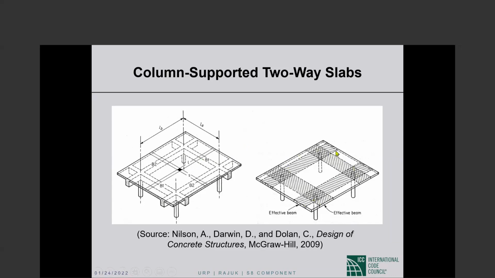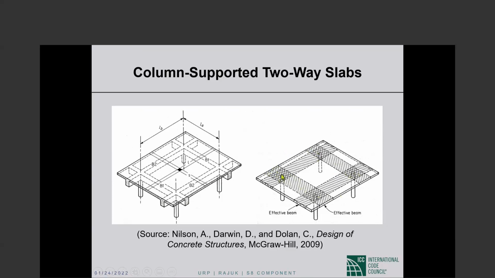Now, when there are no column line beams, we have a flat plate, a slab supported directly on columns. We can imagine beams concealed within the thickness of the slab. You will see that in the design of flat plates or two-way slabs, we divide a slab panel into a middle strip and then a half column strip on either column line.